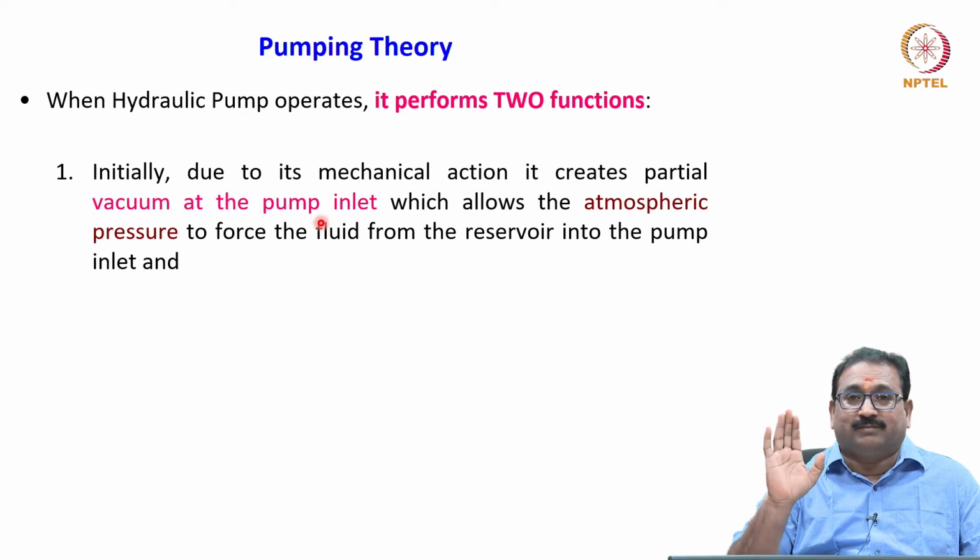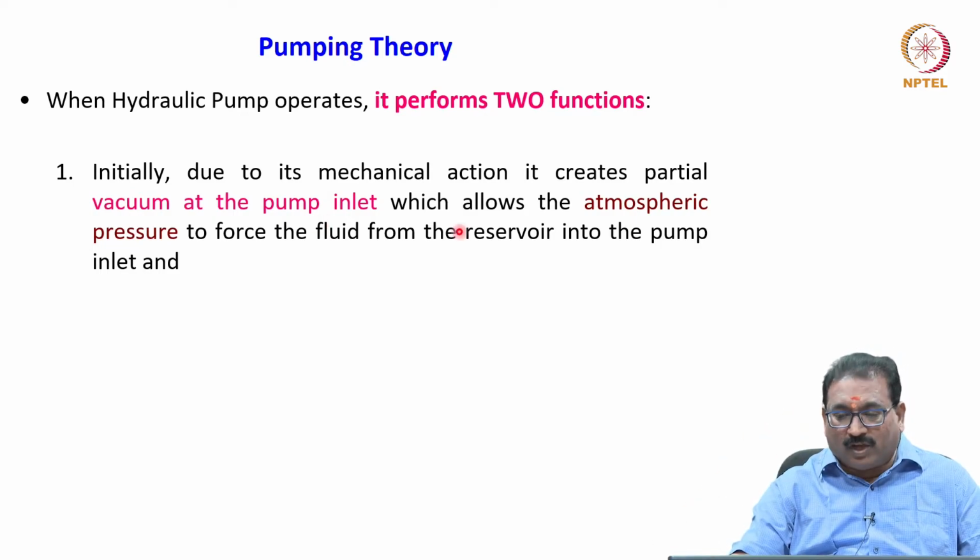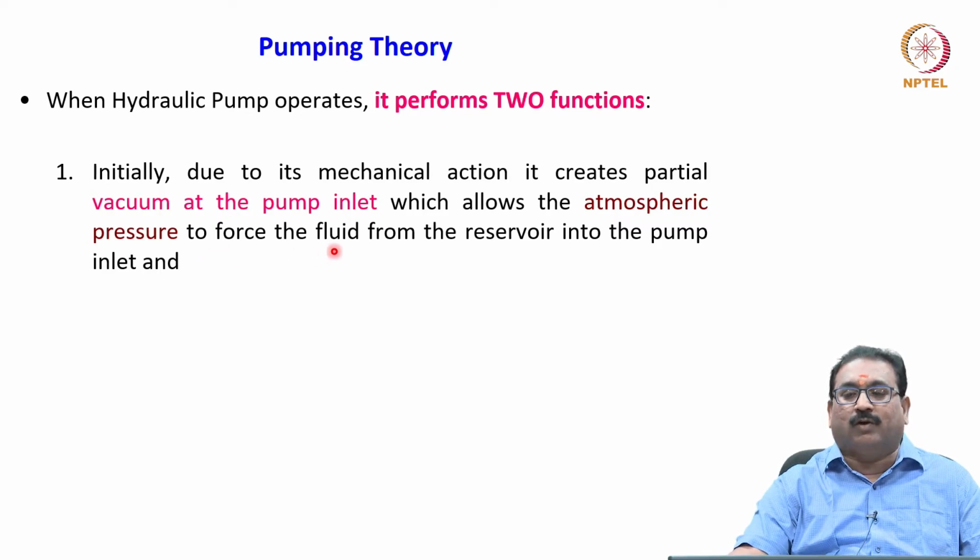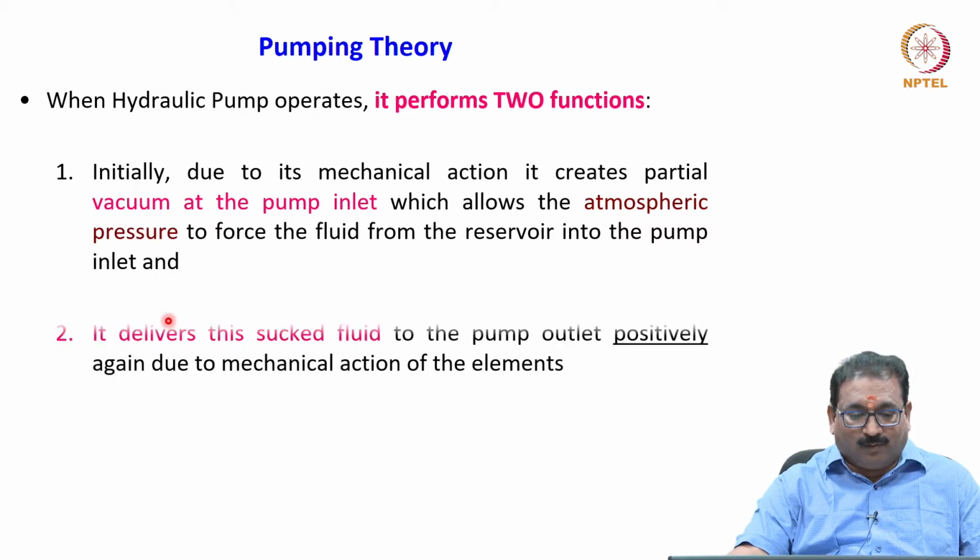This is a must, which allows the atmospheric pressure to force the fluid from the reservoir into the pump inlet. And then it delivers this sucked fluid to the pump outlet positively, again due to the mechanical action of the elements.